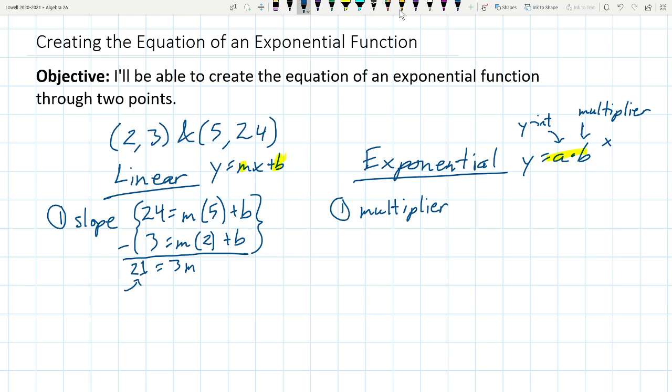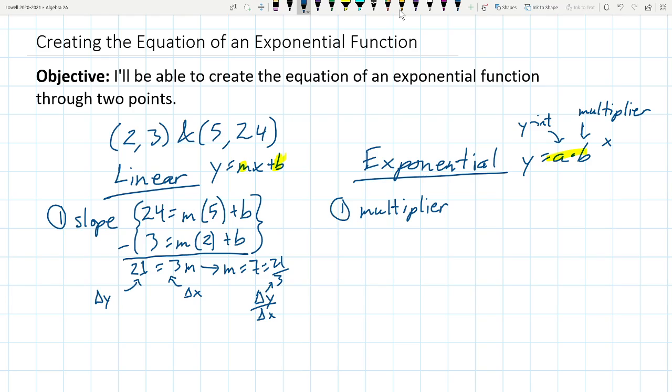This 21 is our delta y, and this 3 is our delta x. If I solve by dividing both sides by 3, m is going to equal 7. That's 21 over 3, which is delta y over delta x. Kind of neat.